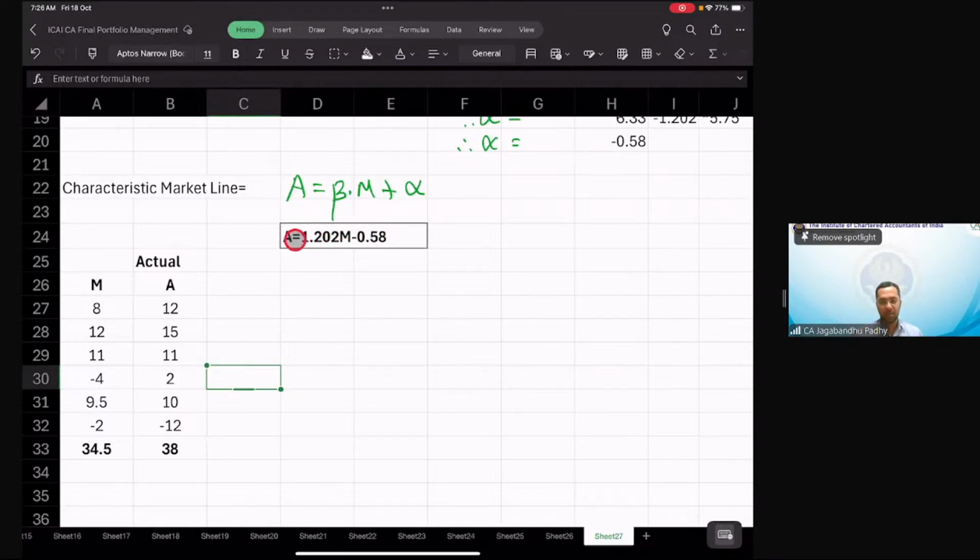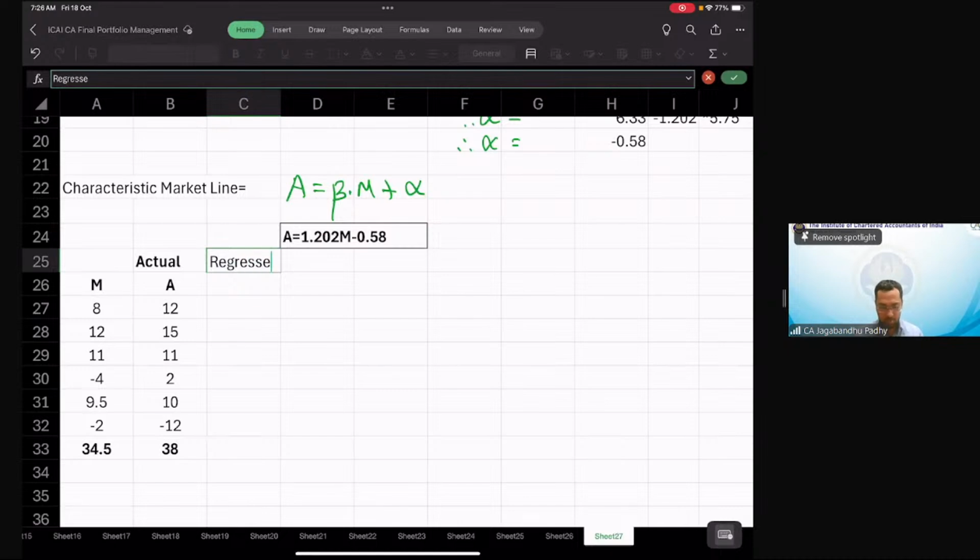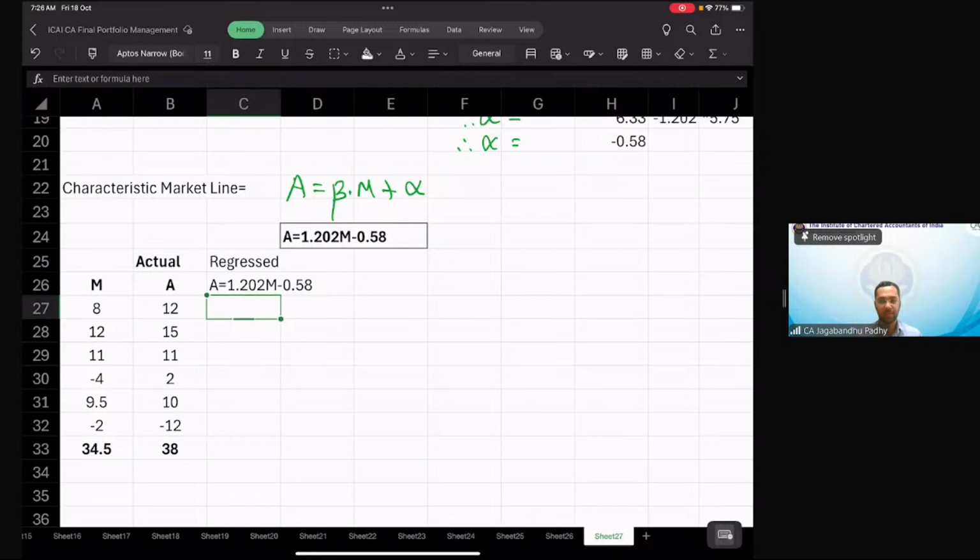This equation, I can use it for calculating the regressed A. Now, regressed value of A will be equal to 1.202 market return minus 0.58. This is the regressed return.